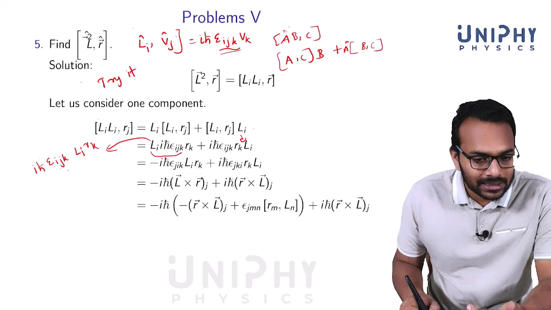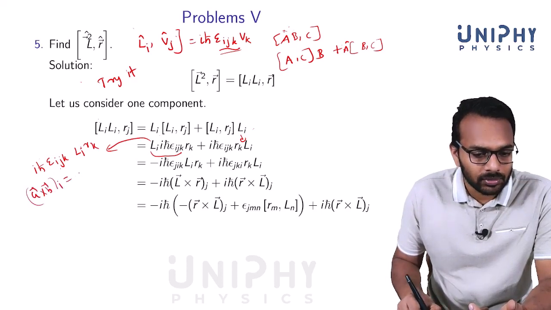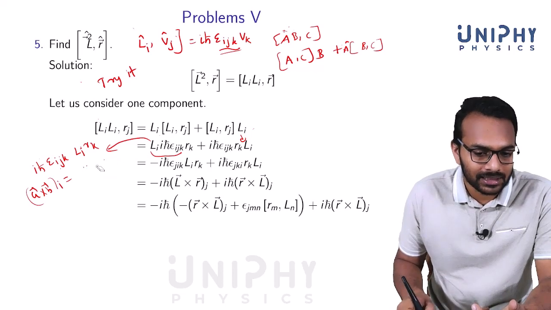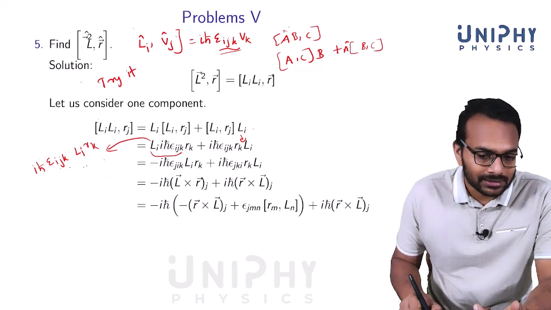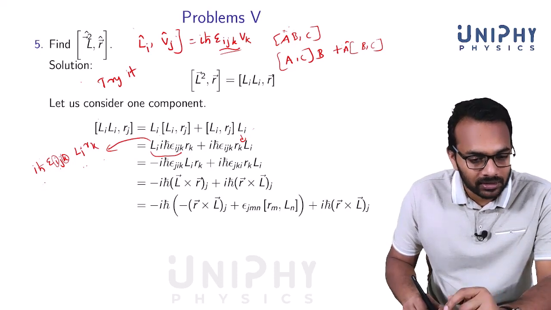Whenever we have A cross B, the ith component is epsilon ijk Aj Bk, am I right? In the same way, here there's a sum over the first index and the third index, so it doesn't exactly look like the cross product that we are familiar with. So let's write it like this.